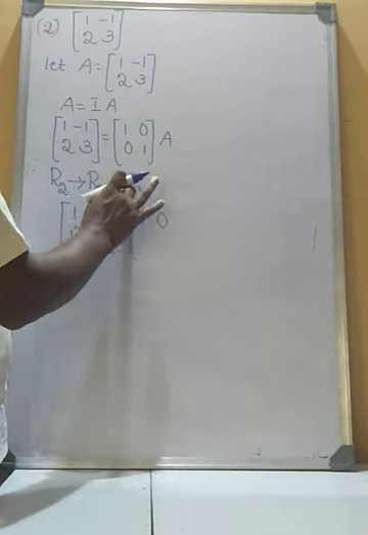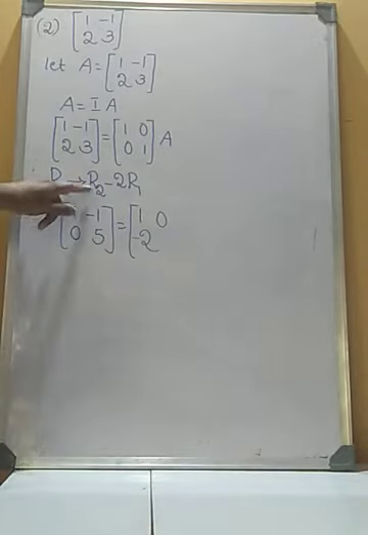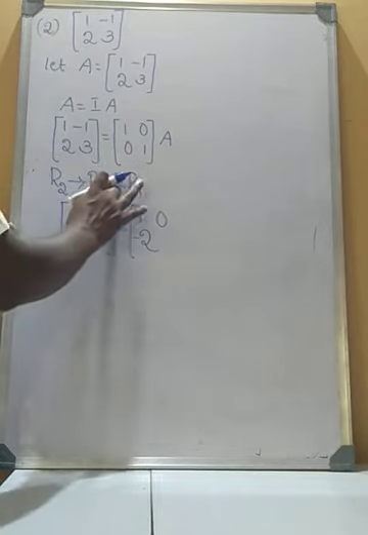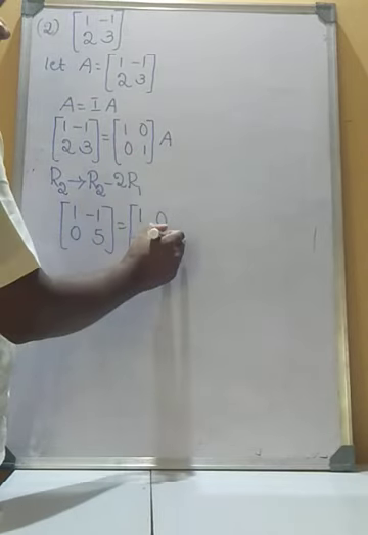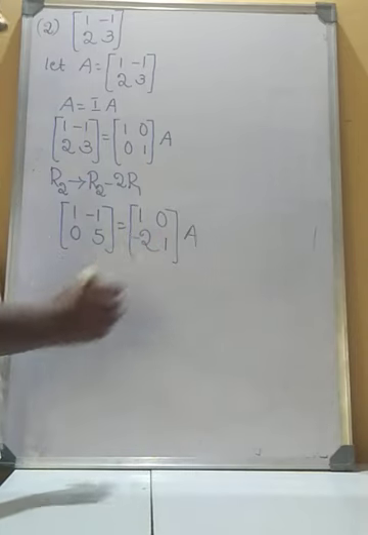R2 is 0 minus 2 into 1, minus 2. The next R2 is 1 minus 2 into 0, it is 1, into A.